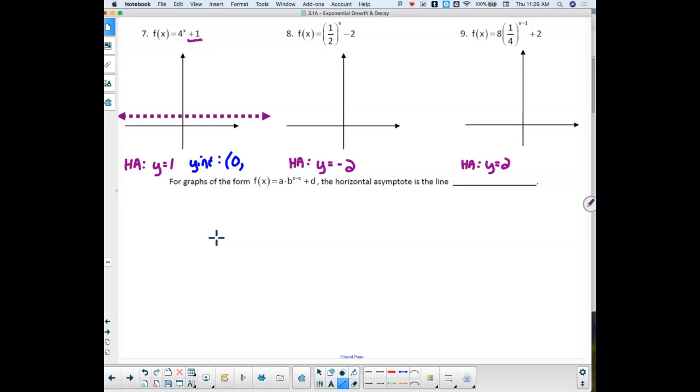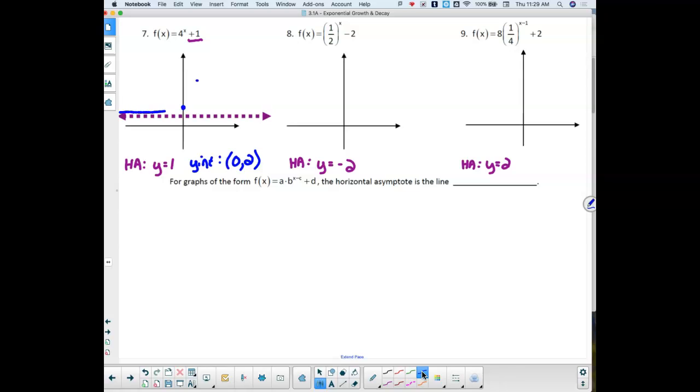Yeah, okay. 4 to the 0 power is 1, plus 1 is 2. (0, 2) is my y-intercept. Is this a growth or is this a decay? It's a growth, so the next point to the right should be above that blue point. If I plug in 1 in my brain, 4 to the first power, plus 1 is 5. So then we go through the point (1, 5).